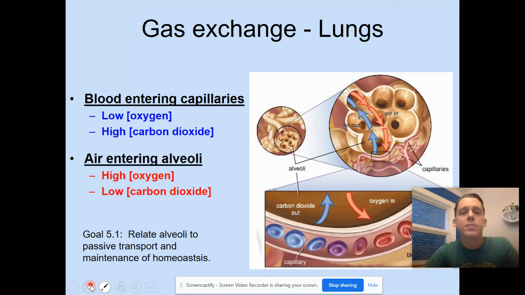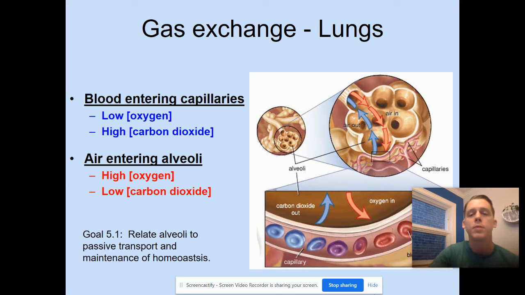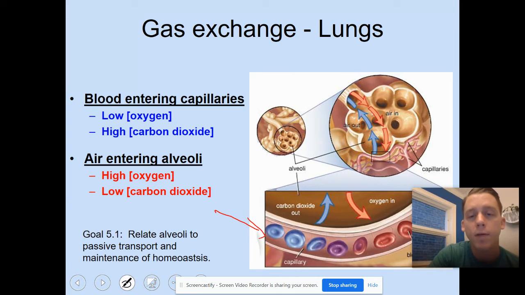So what happens is that in the lung, we've got a lot of oxygen, and we want to get that to the body. And in our blood vessels and our capillaries, the capillaries have come and they have picked up a bunch of CO2. So what's going on? Well, if we look at the picture on the bottom right, blood is entering from the left where I'm drawing this arrow.